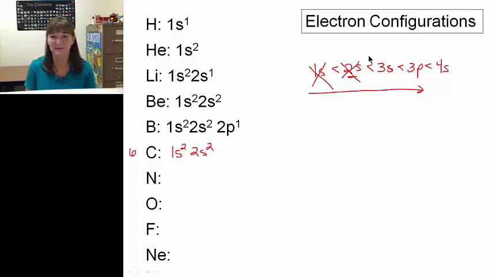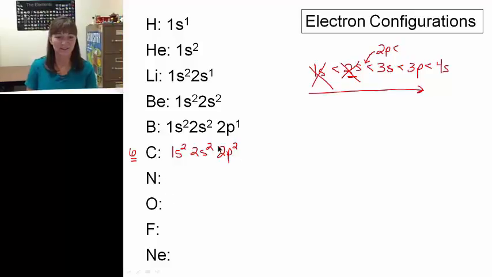And I did this wrong. In here should have been the 2p's. Okay, so the 2p's come next, and we know that they can hold 6, but we're only going to put two in there because we only have 6 electrons to put on.